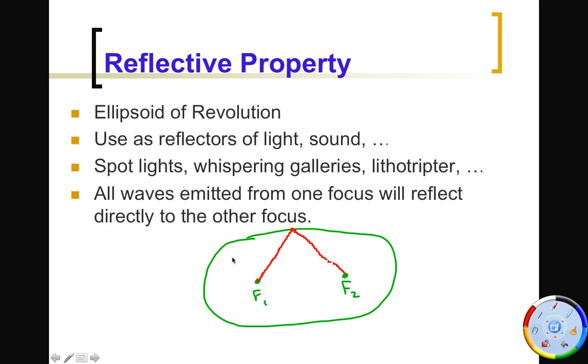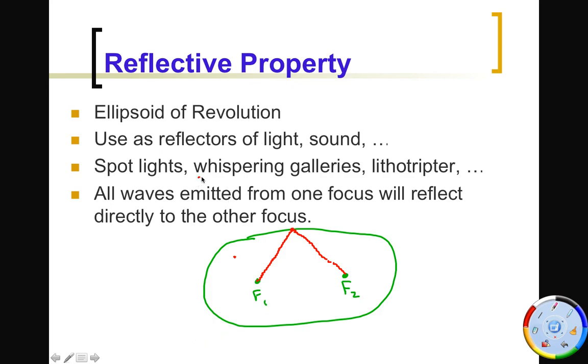But if you're standing anywhere else and you go up here, it doesn't bounce directly to anything else. So if you're going from one focal point to the other focal point, you can just send those waves back and forth. And we use these in lots of stuff.